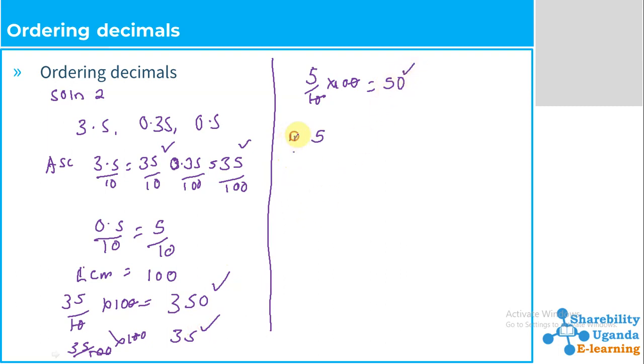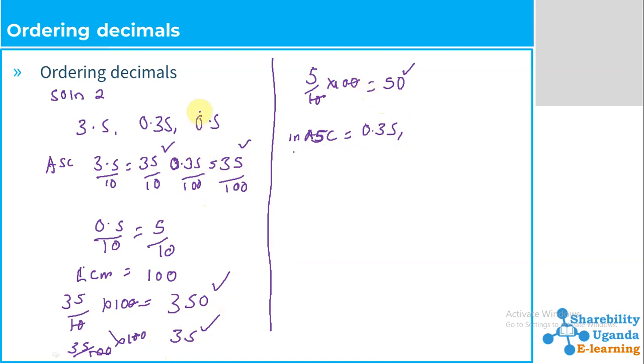So in ascending, we shall start with what? With the lowest, which is 35, which is 0.35. Okay, that is the smallest.